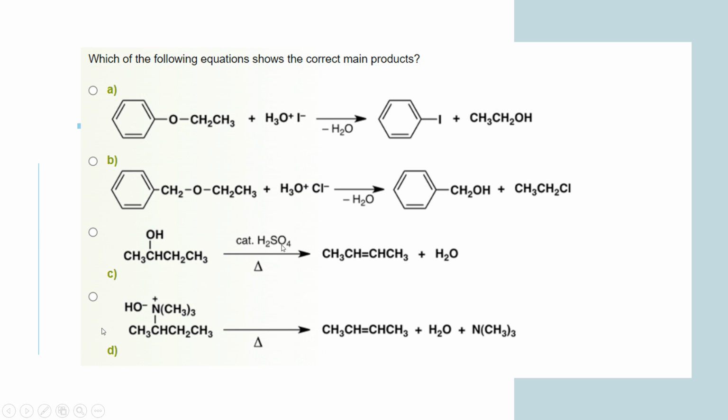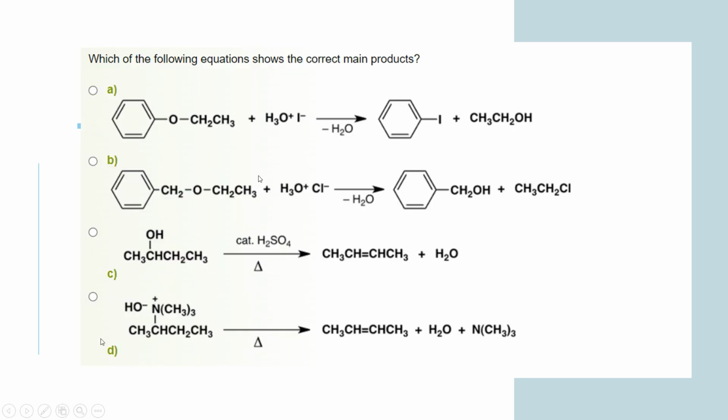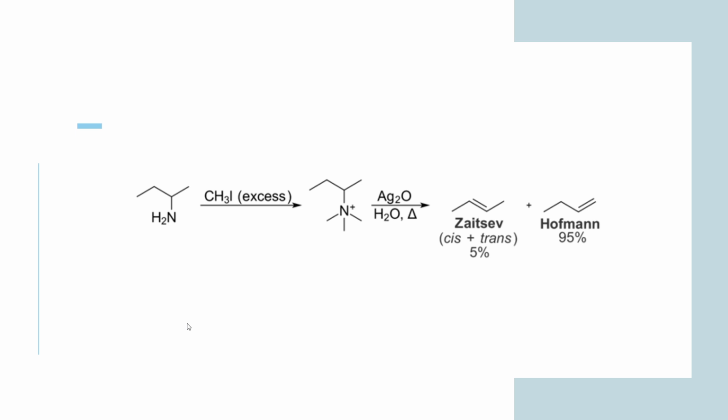We are still left with option D, so let us analyze option D as well. In option D, you are given a reaction where you have this quaternary nitrogen center. This quaternary ammonium salt gets generated in this way. Suppose we have this amine, and when you treat it with alkyl halide, you get a quaternary ammonium cation in this particular fashion.